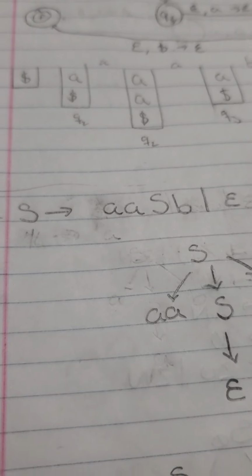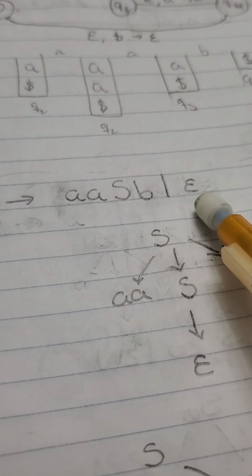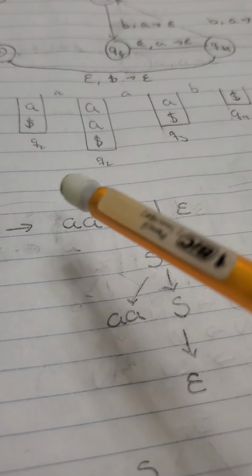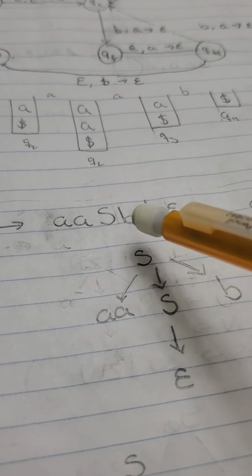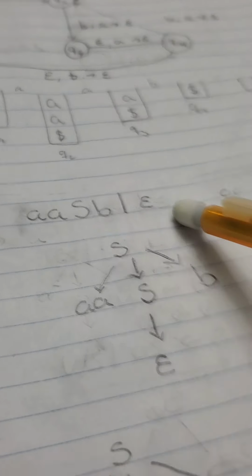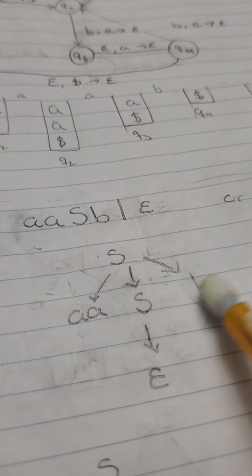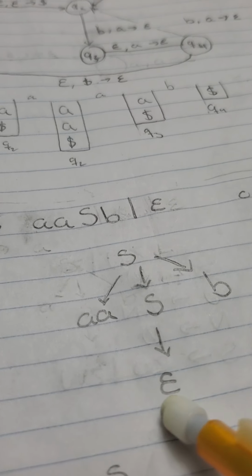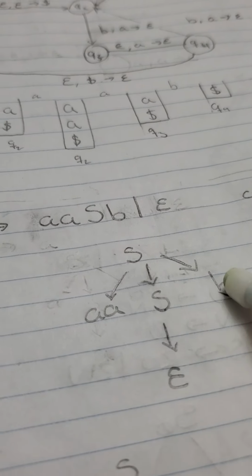So what I did is I accept epsilon because it's the first part, and then I'm having AAS B. So I just go to the three of them, AA, and if I receive an S, I should go to epsilon, and finally a B.